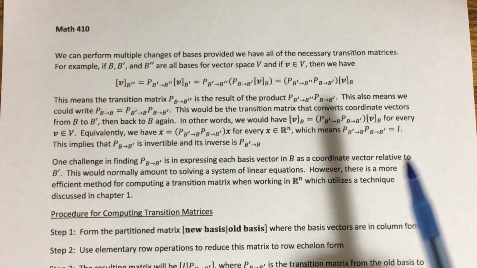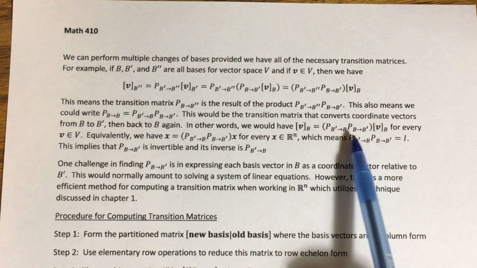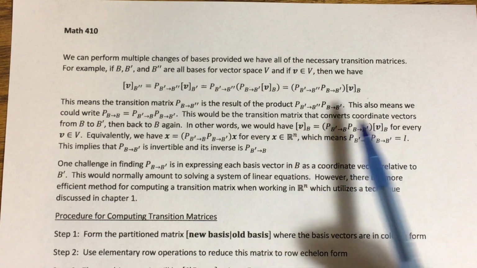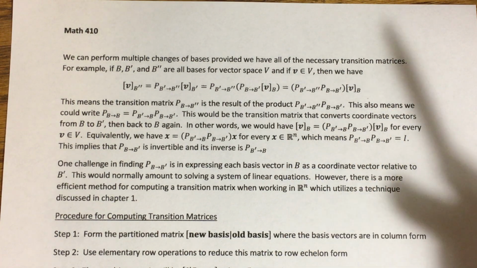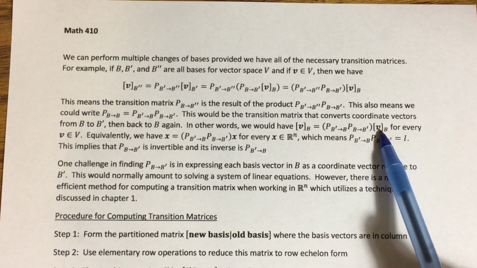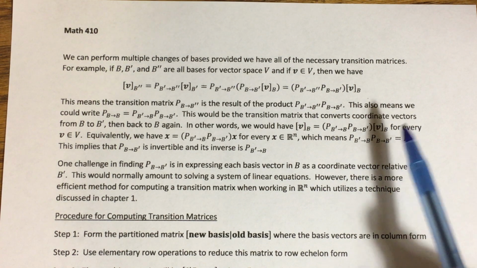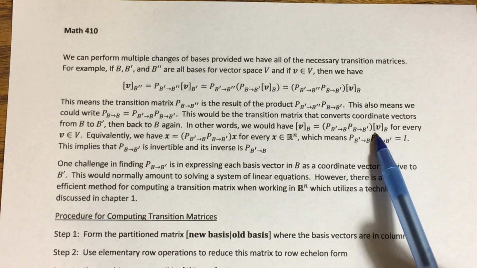However, there's something we can conclude from this which is useful. If V is an n-dimensional vector space, then these coordinate vectors live in R^n, and literally every vector in R^n can be associated with a coordinate vector for this vector space.